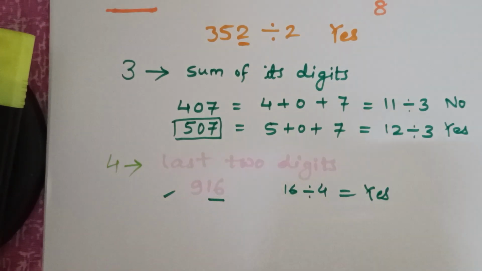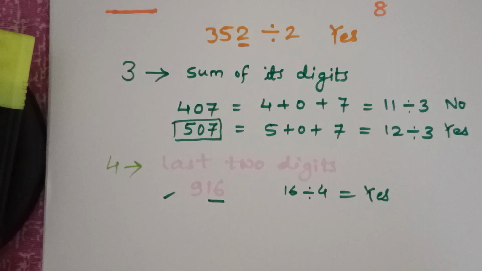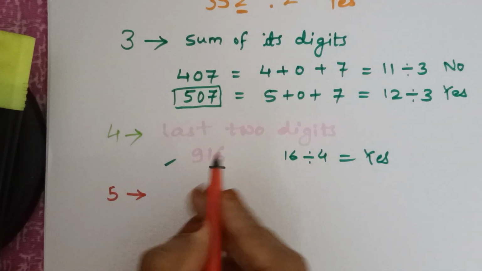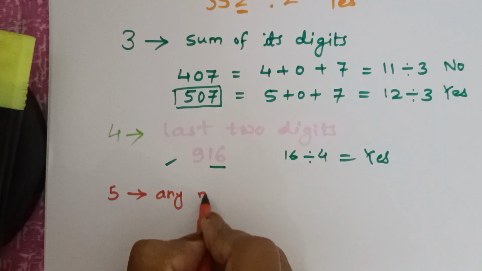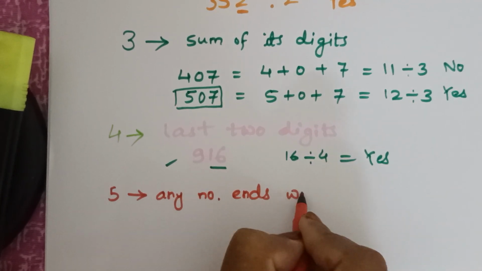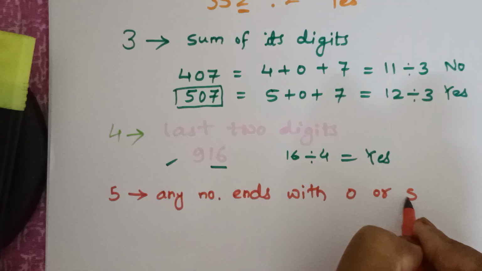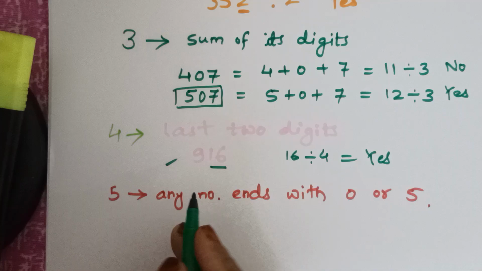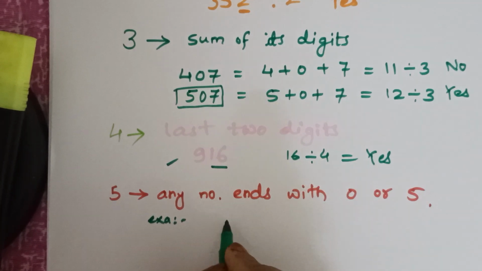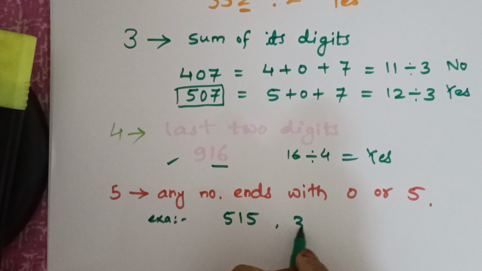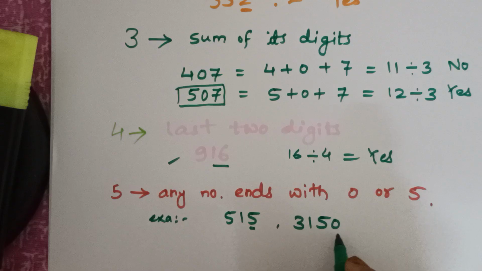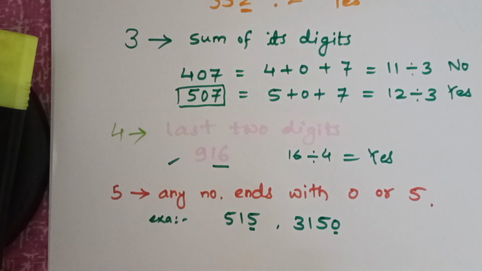So my number is also divisible by 4. Then the next one is the divisibility rule for 5, which is again super easy. If any number ends with 0 or 5, then you say the number is divisible by 5. For example, 515, 3150. These numbers end with 0 or 5, so they must be divisible by 5.